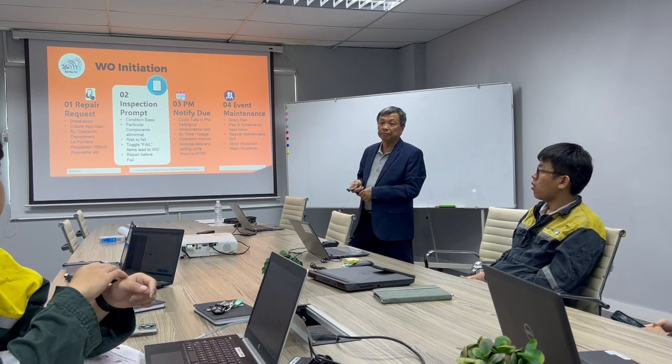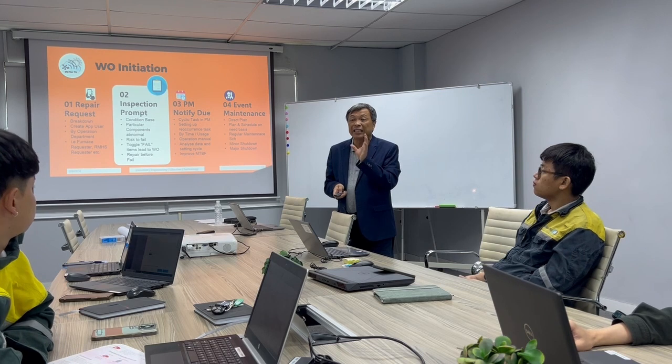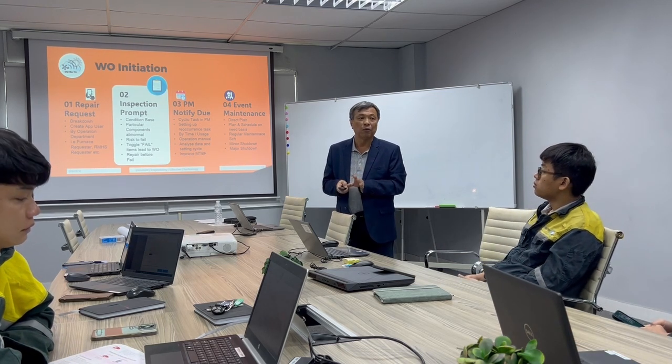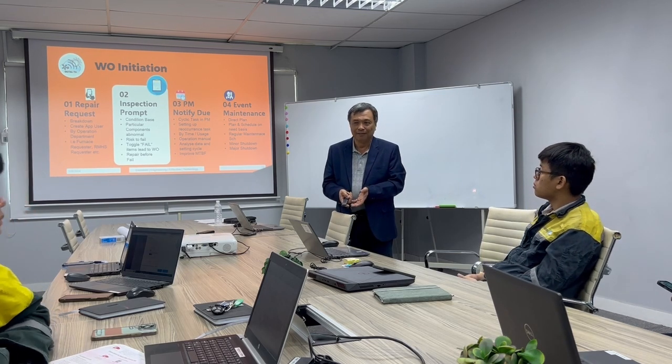A lot of the time when the operator or inspector sees the problem, currently without this system, what will happen? He cannot stop now. When he cannot stop now, that means he can't do any repair now, correct? Then what's the next action? He will keep it to himself. You don't ask, you don't say.